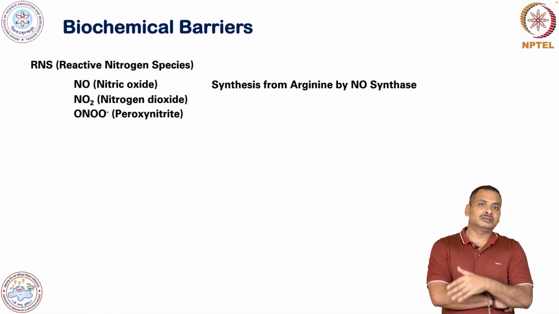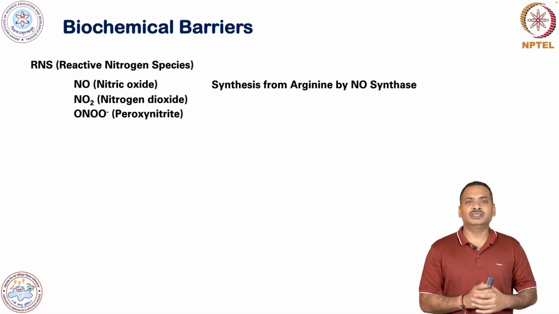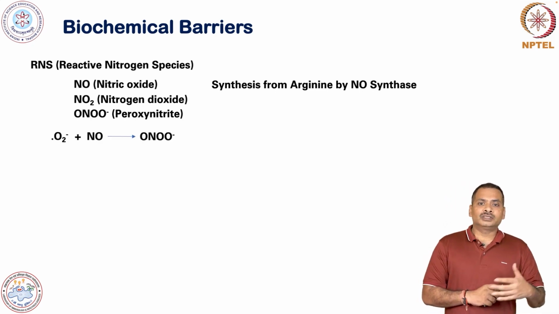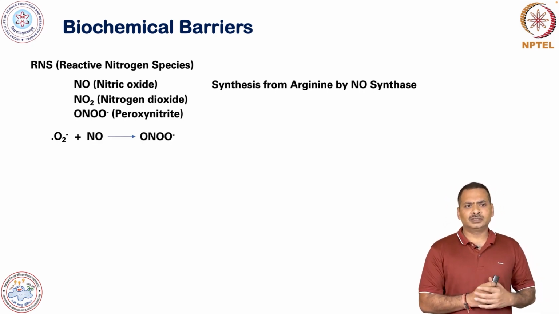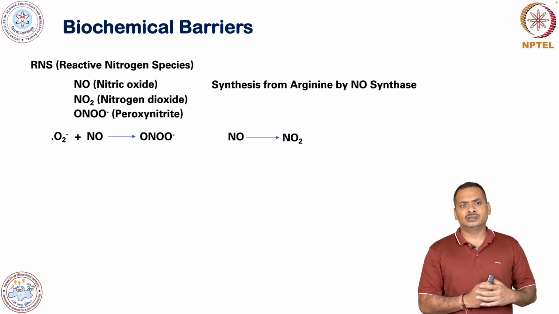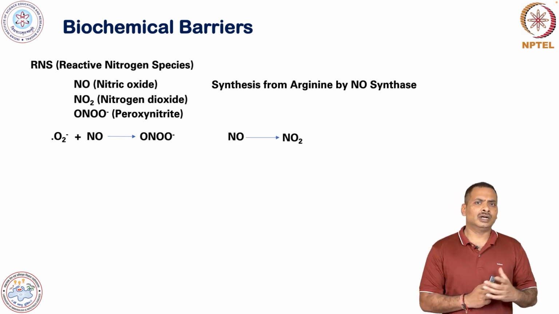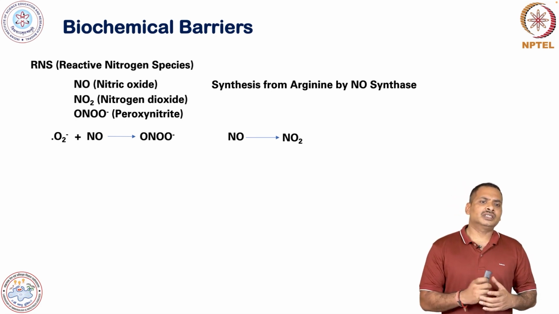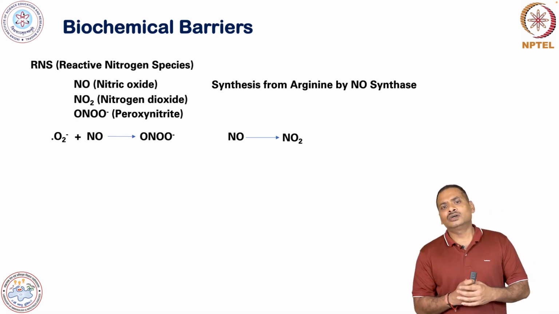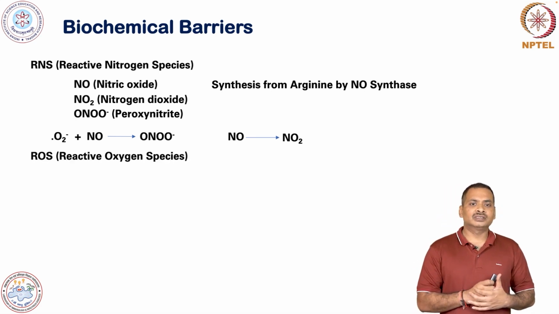All this makes a hostile environment inside the phagocytic cells. The superoxide ion reacts with nitric oxide, and then peroxynitrite is synthesized. From nitric oxide, nitrogen dioxide is synthesized.